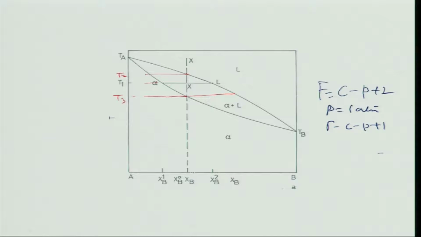Now this tie line intersects the solidus at a point, let us use a symbol, capital C, and the liquidus at point capital D. So C and D are the two points where this line intersects solidus and liquidus.